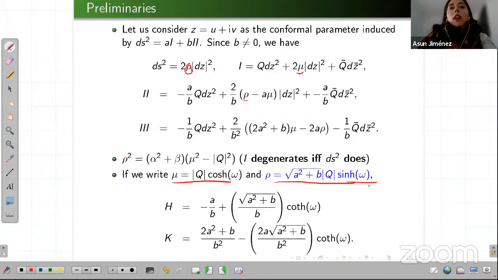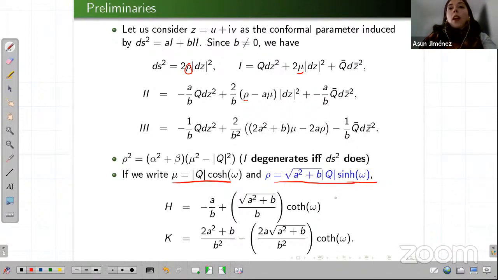So at the end, what will happen is that the surface will degenerate when omega goes to 0. The zeros of Q are isolated, since it is a holomorphic function. So as a spoiler, I'm going to say the degeneration points where you don't have a well-defined unit normal will correspond to a zero of omega.